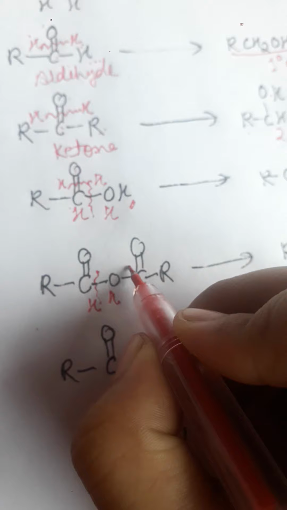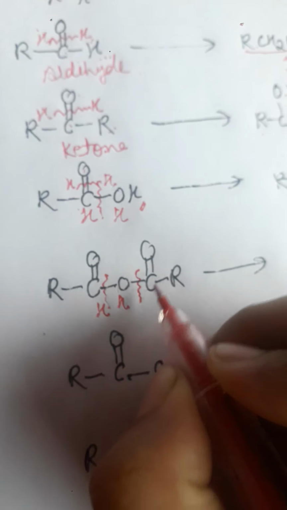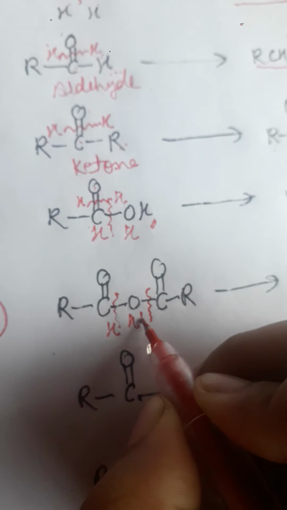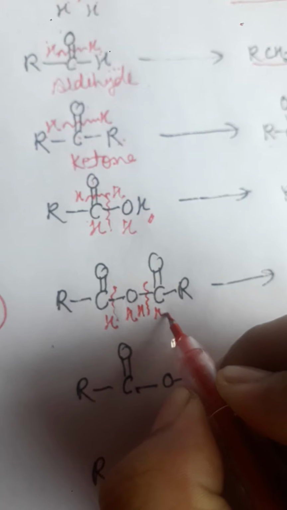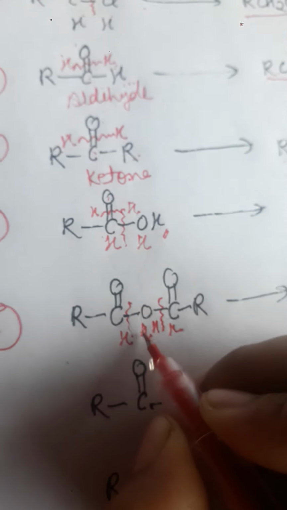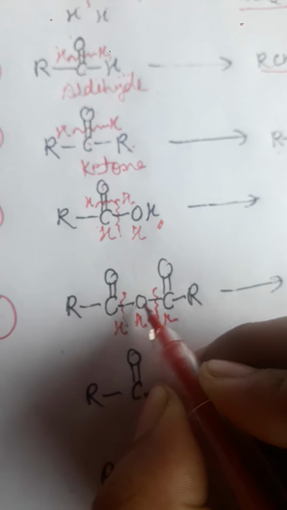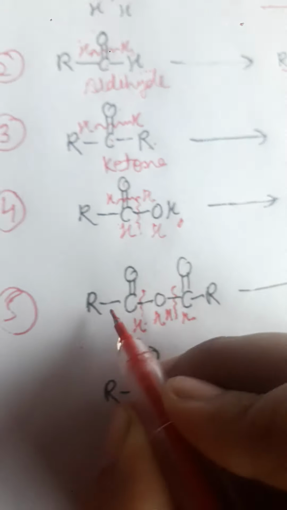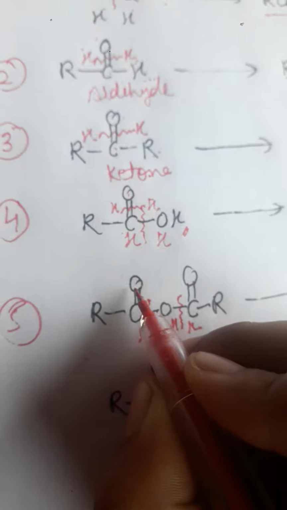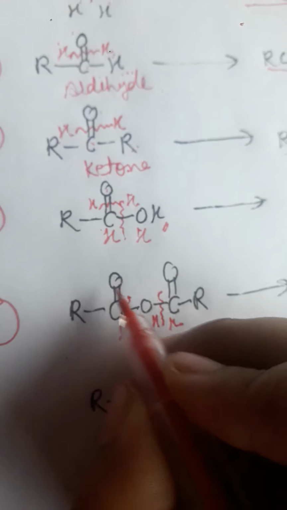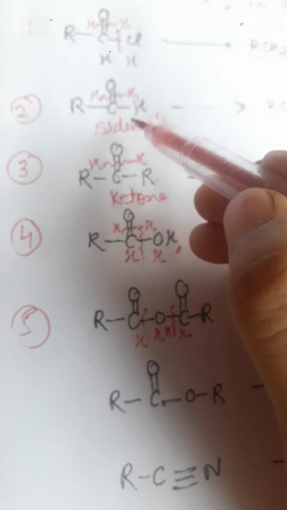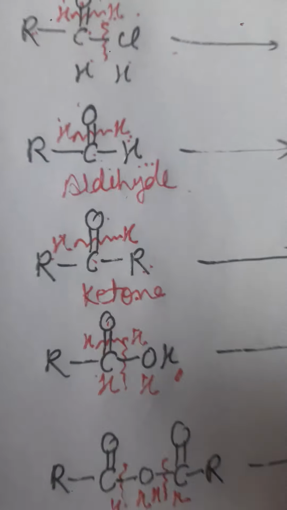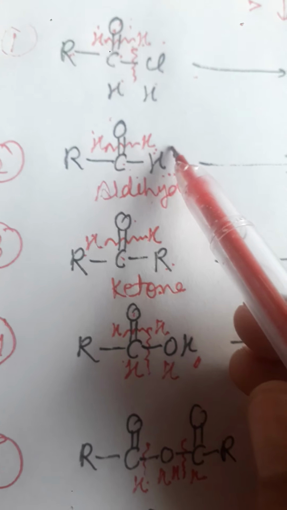Now again on this side I have to break the carbon-oxygen bond and I will get a hydrogen. So what am I getting? H2O, and this H2O will be eliminated, right? What I am getting is RCHO, one aldehyde molecule, and another aldehyde molecule RCHO. From the aldehyde molecule, I have already done this: we just divide the pi bond, so we get RCH2OH.